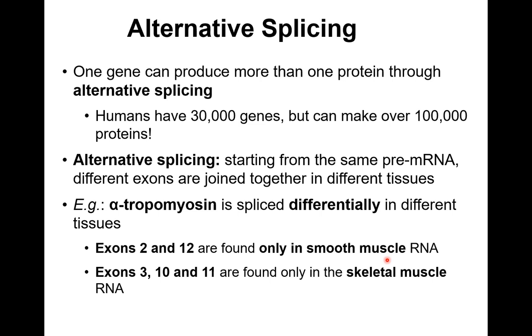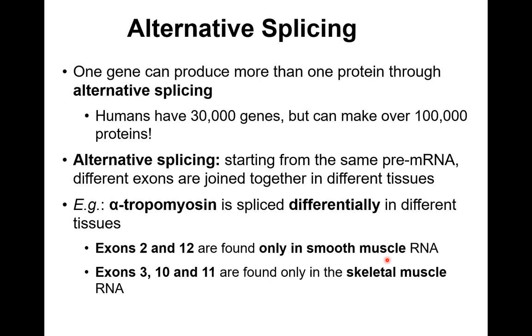Smooth muscle cells are those responsible for involuntary contractions, for example around your blood vessels, causing blood vessel constrictions. Skeletal muscle cells are those that form fibers in your muscles attached to the skeleton, hence the name skeletal muscle, which cause you to move the bones relative to each other, producing movement. So they're formed by different cell types.